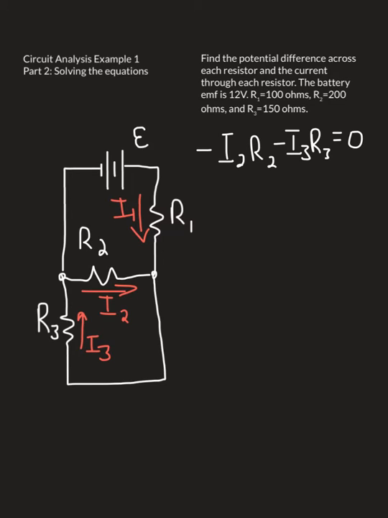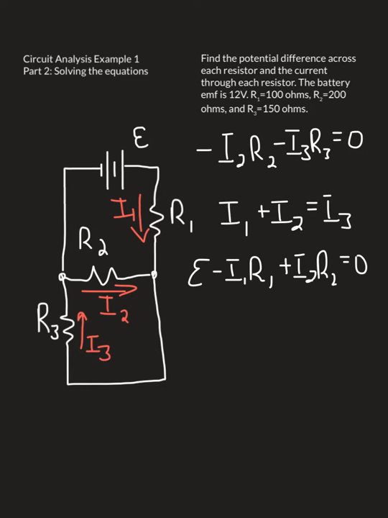The first equation comes from the third loop that we analyzed in part 1. It relates the voltage drop across resistor 2, I2R2, and the voltage drop across resistor 3, I3 times R3. The second equation comes from the analysis using Kirchhoff's current law, that the sum of current 1 and current 2 equals current 3.